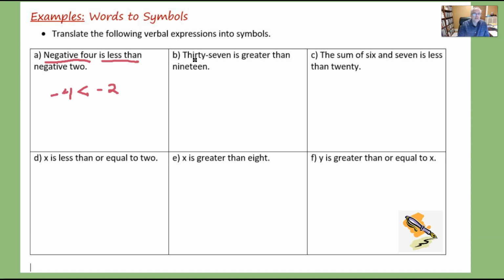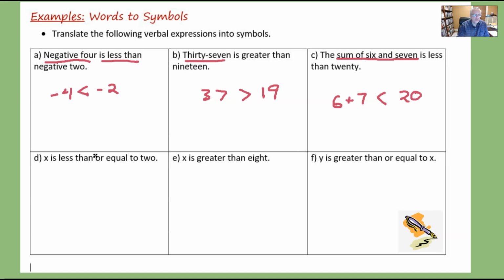All right, 37, that's what we're starting with, is greater than, okay, so here's the greater than symbol, 19. The sum of 6 and 7, all right, so the sum of 6 and 7 would be 6 plus 7, is less than 20. Okay, so here's the less than symbol, and 20.